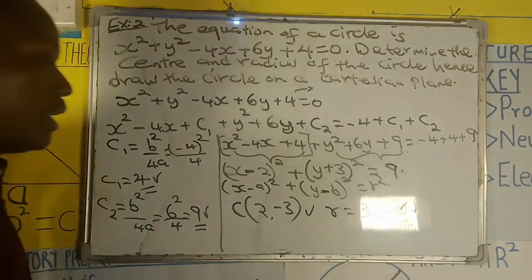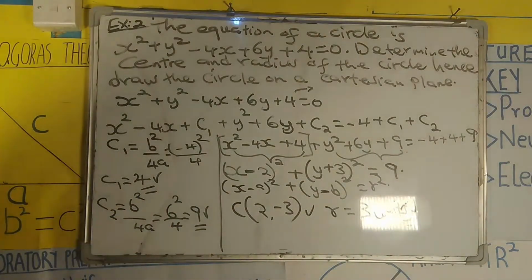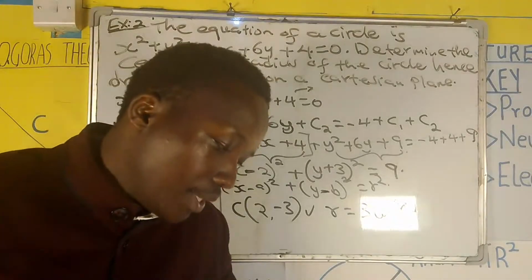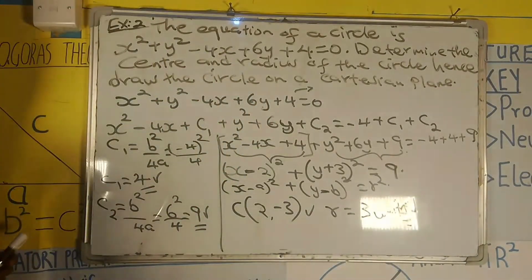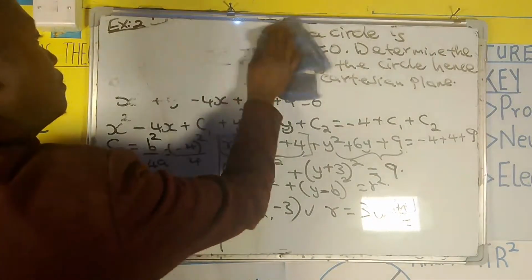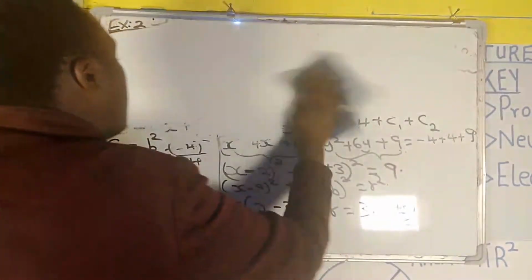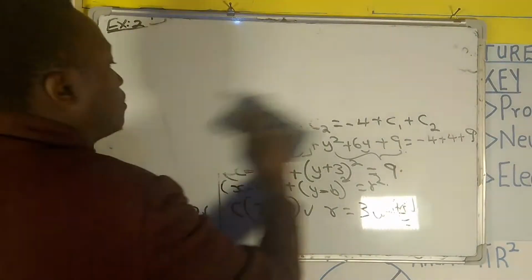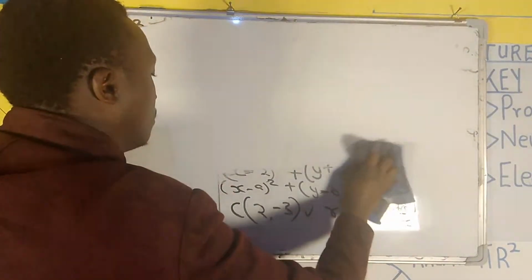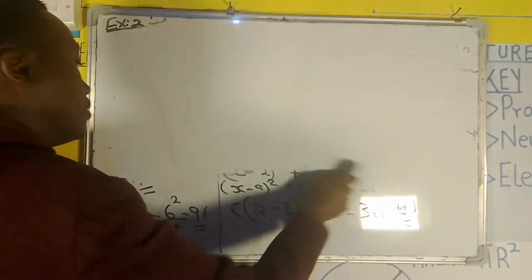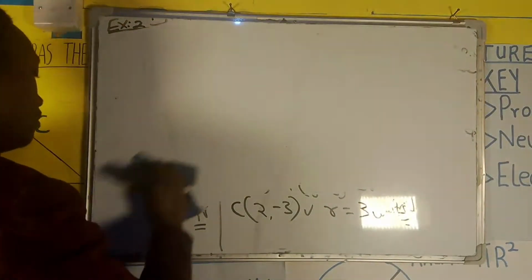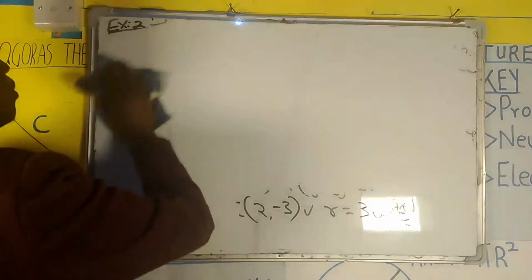Then tumeambiwa tuende kwa Cartesian plane to represent this information. We draw this circle. So that is very easy. Utakuja kwa Cartesian plane, our center is 2, negative 3.